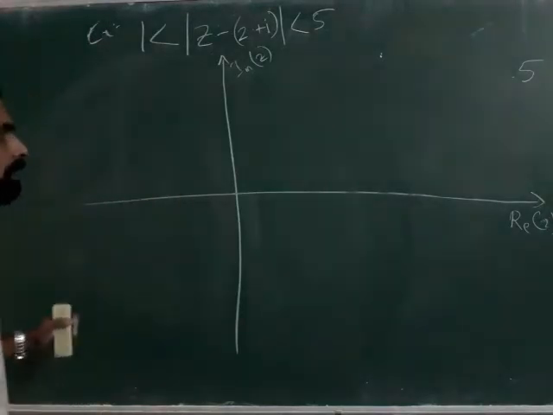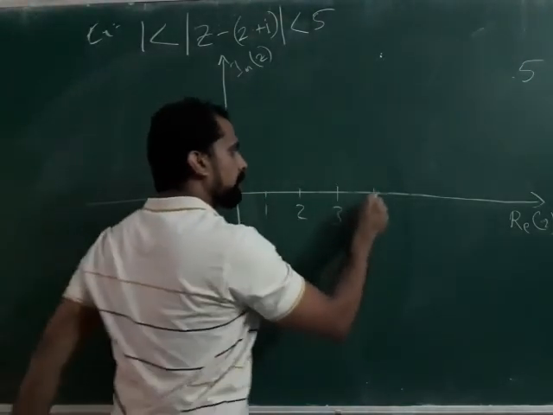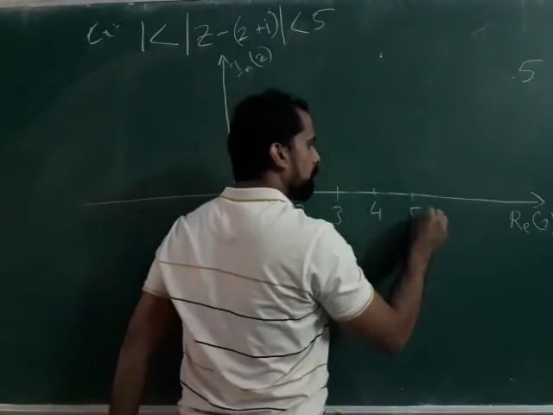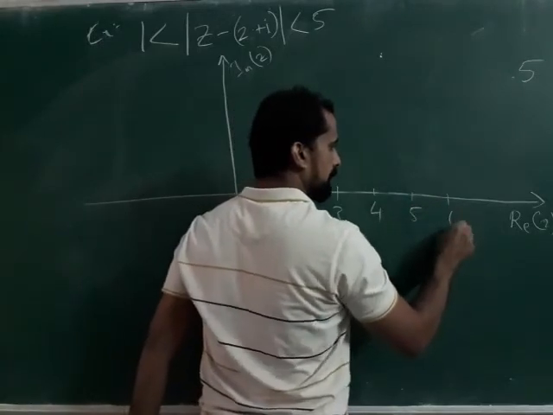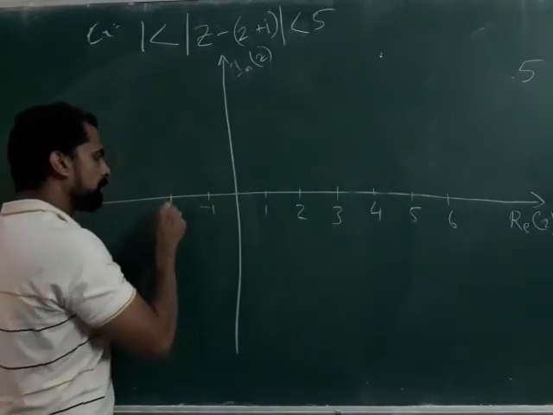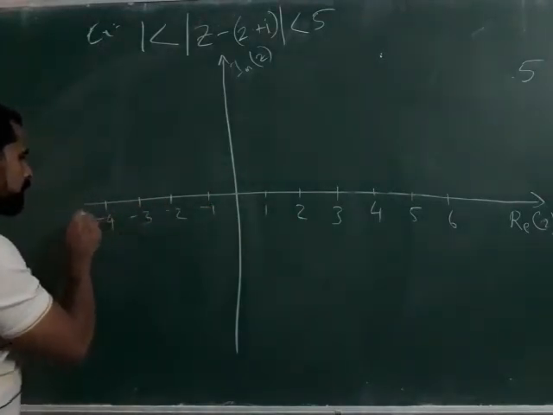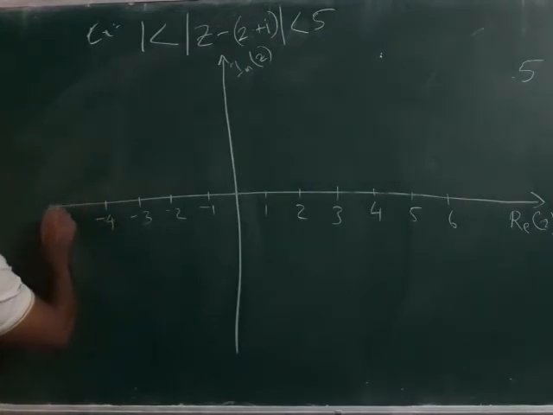Okay? So here this is 1, 2, 3, 4, 5, 6 on the real axis. So minus 1, minus 2, minus 3, minus 4, minus 5.